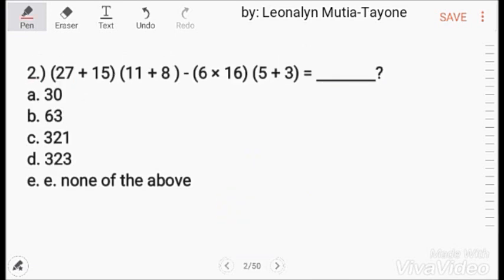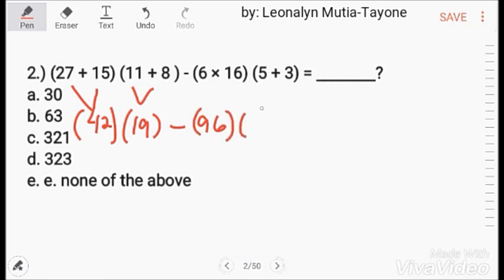Number 2. Again, this type of equation has more than two operations. So in order for us to get the correct answer, we should follow the PEMDAS rule. Now we will solve first what is inside the parentheses. This is 42. And this is 19. Minus, this is 96. And 8.